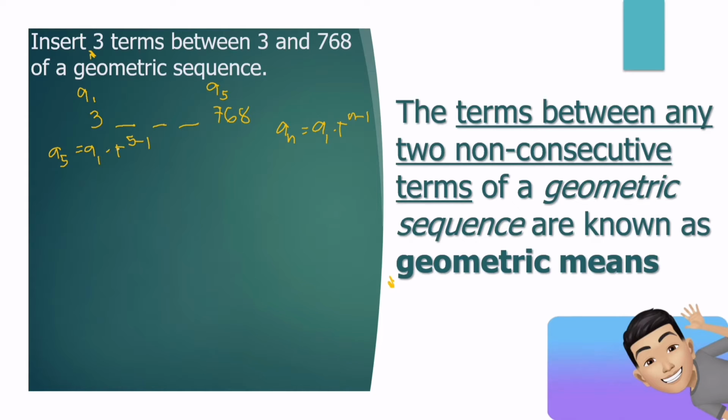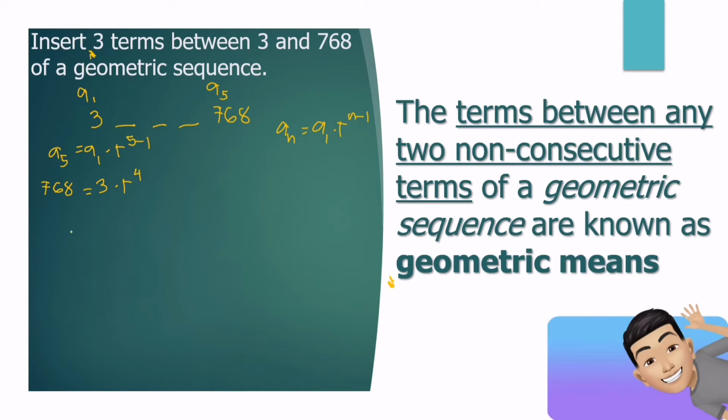A sub 5 is 768, which is equal to A sub 1, which is 3, times the common ratio, unknown pa, R raised to 5 minus 1, which is 4.